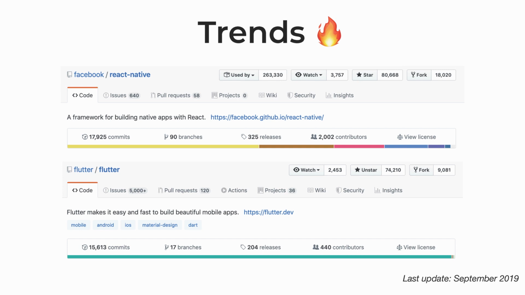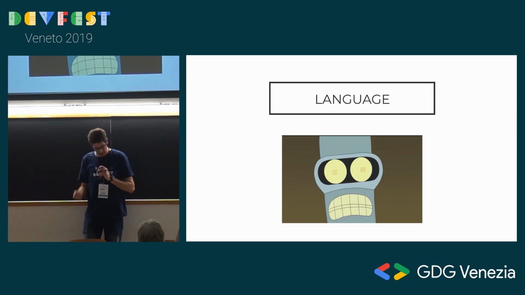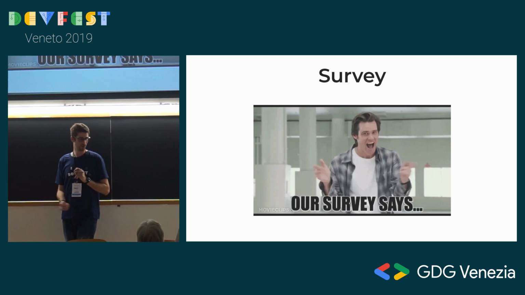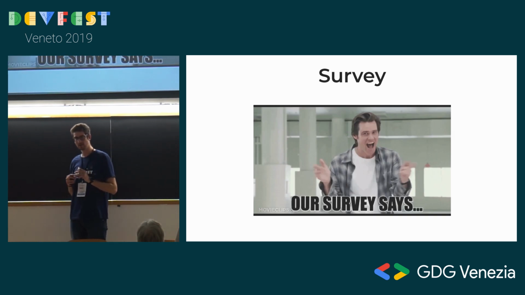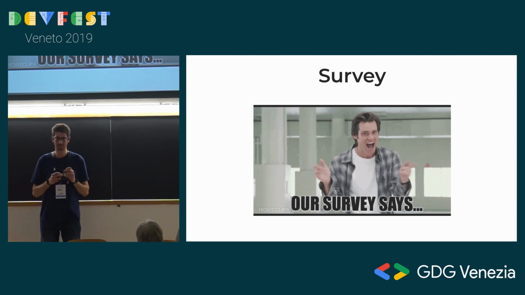I have to say that Facebook also has a somewhat aggressive bot to close issues, and maybe the Flutter repository doesn't. But okay, let's talk about the language. But before that, a quick survey: how many of you are mobile developers? Okay, the others are web developers.